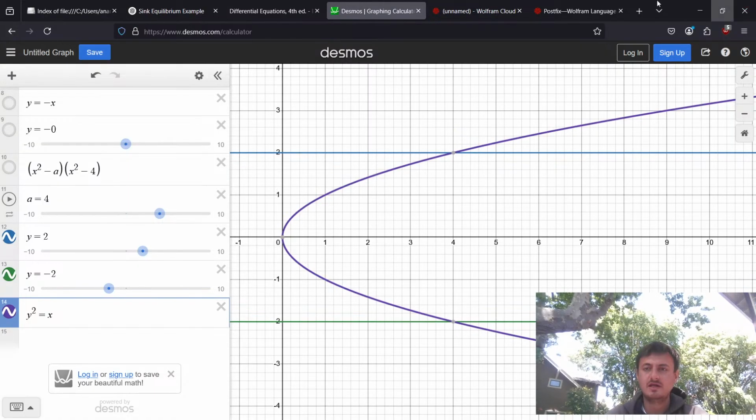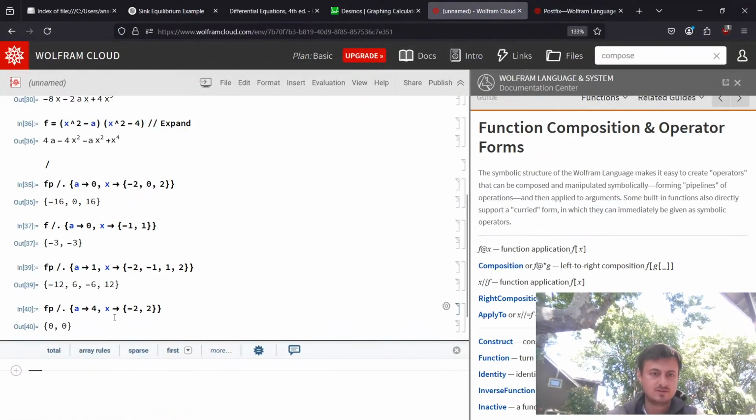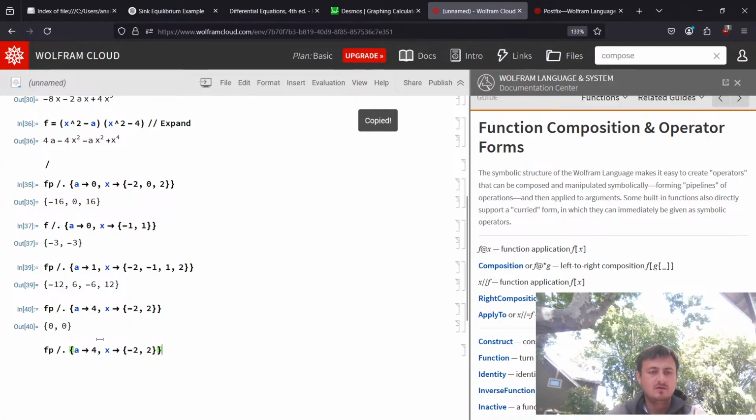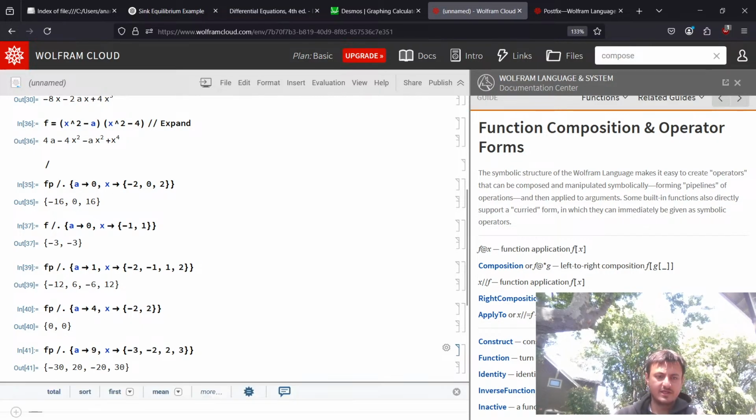And okay, so now what we want to do is let's do this. FP, A goes to 9, X goes to -3, -2, 2, 3. So we're going to get a sink, a source, a sink, and a source.